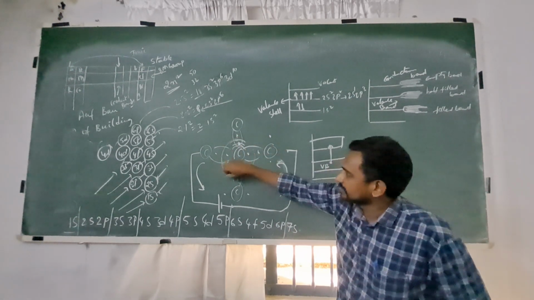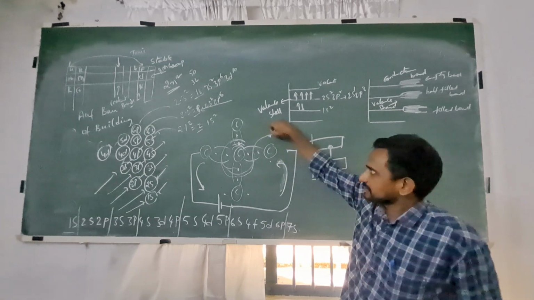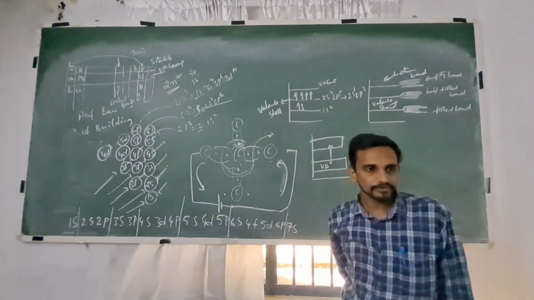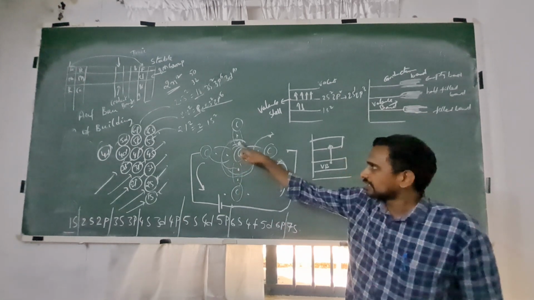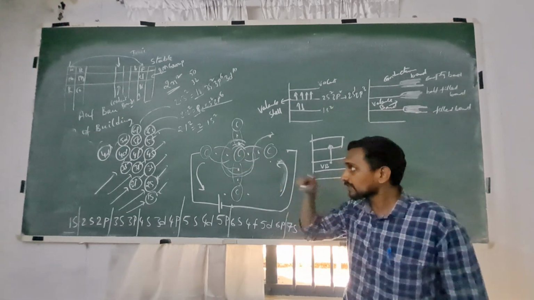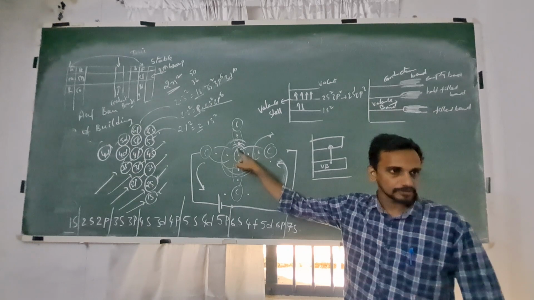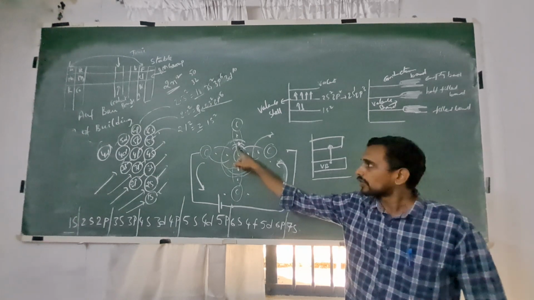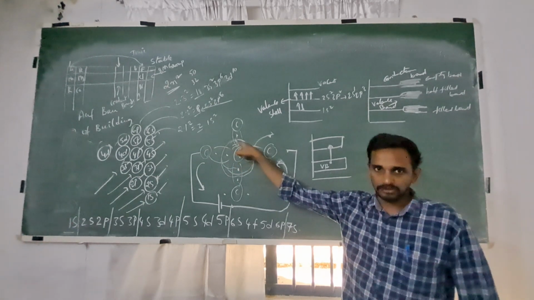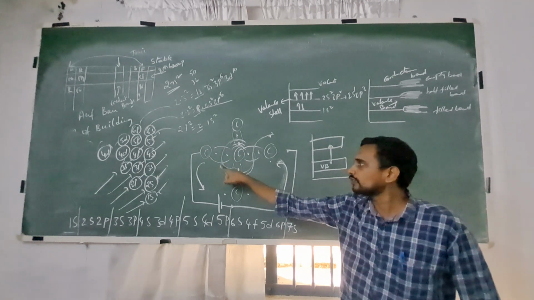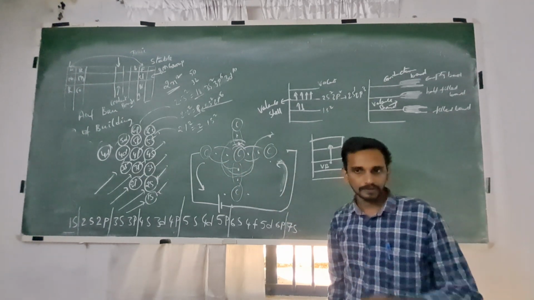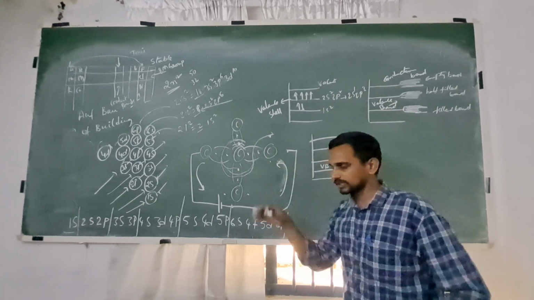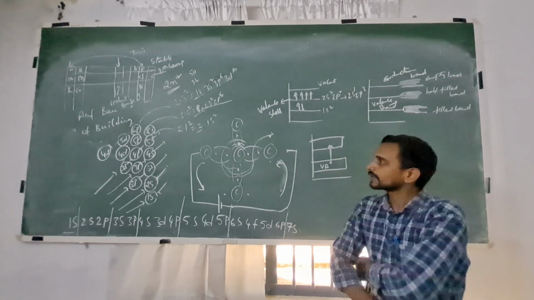So it may be freely moving across the lattice. So up to second orbit, this electron is under the control of this particular nucleus. Once it reaches the next level, next orbit, it may move from one atom to another atom freely because of this bond formation and overlapping things.